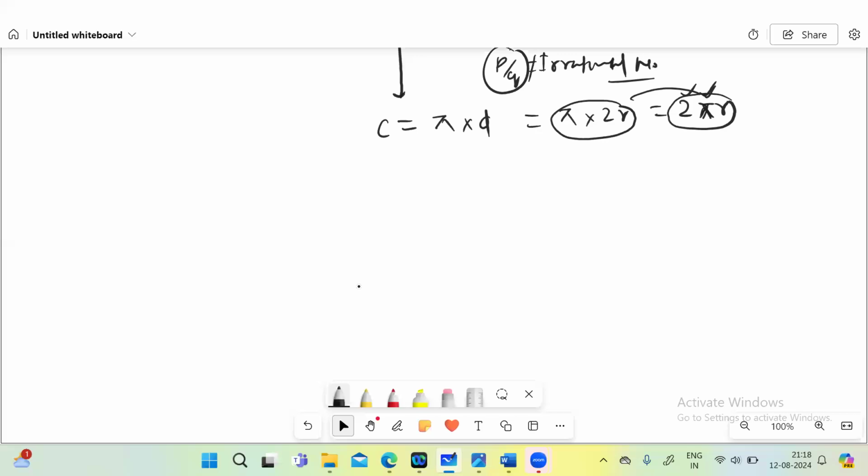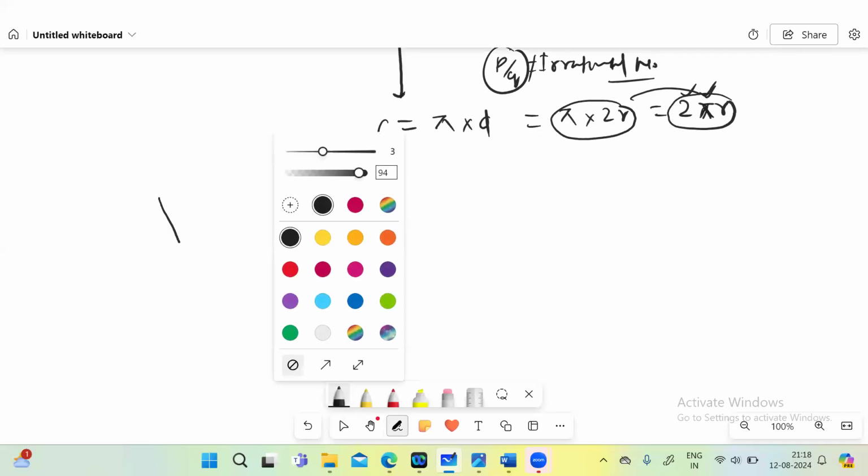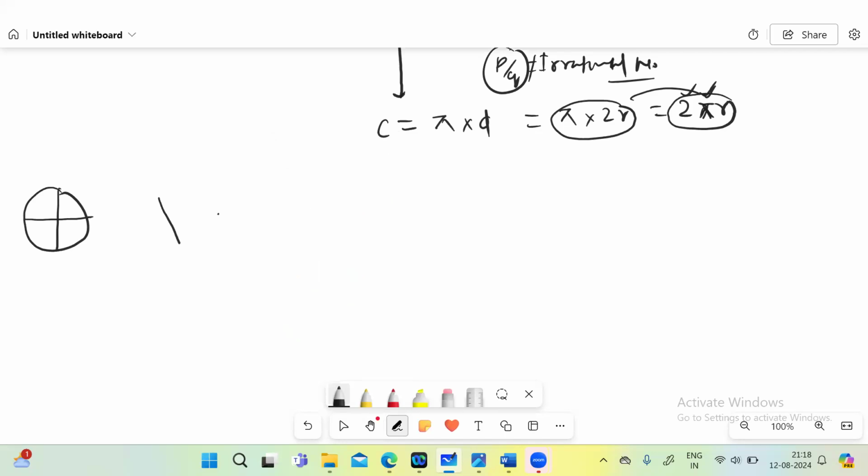Now to calculate the area of this circle, let's cut this circle into four parts and arrange it in this way. Two parts like this and two parts like this.